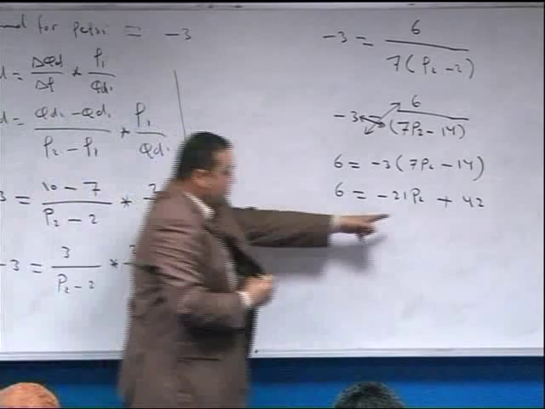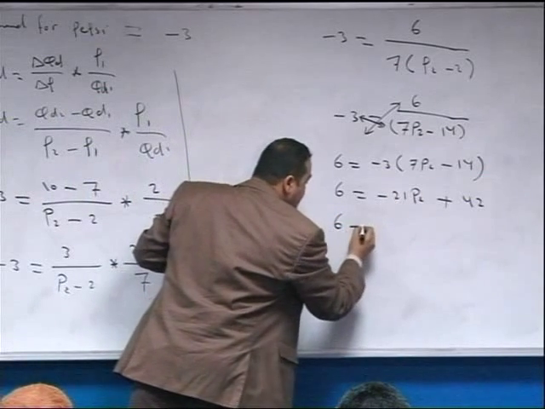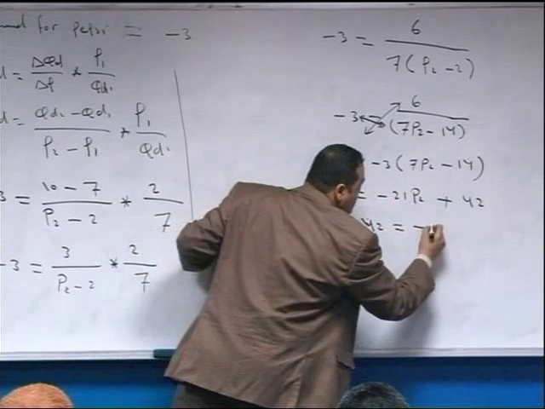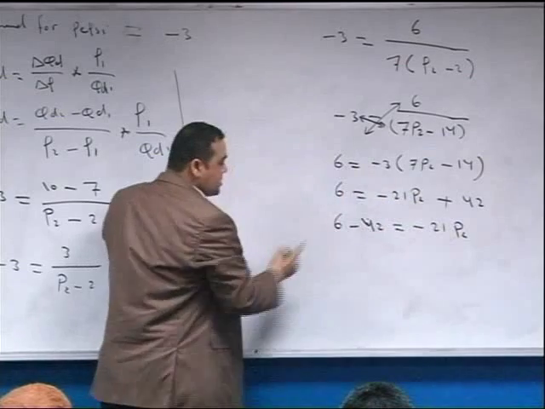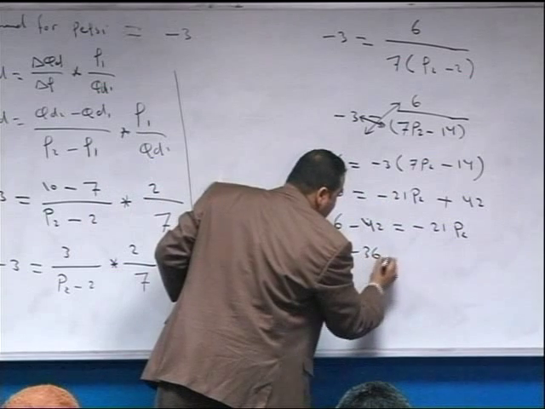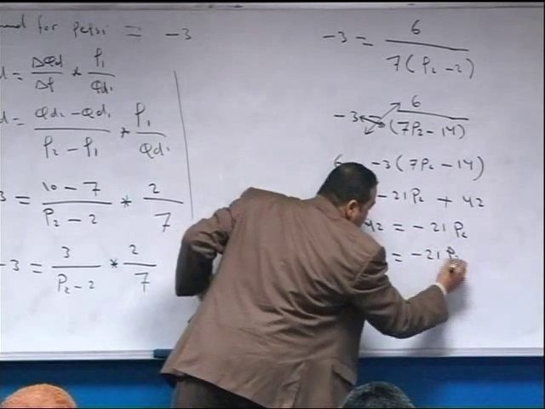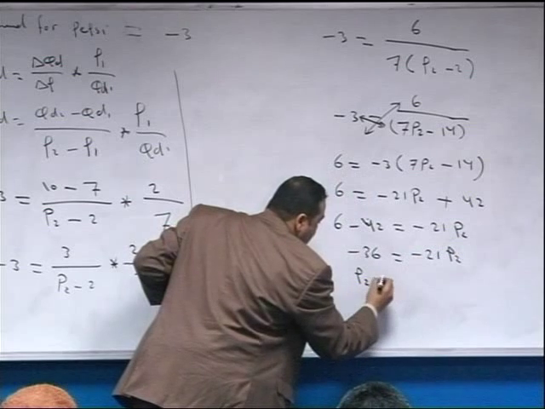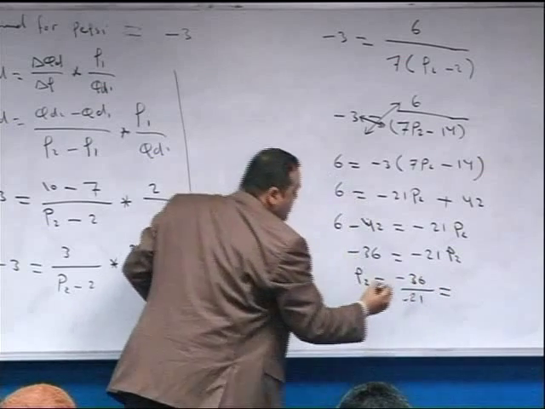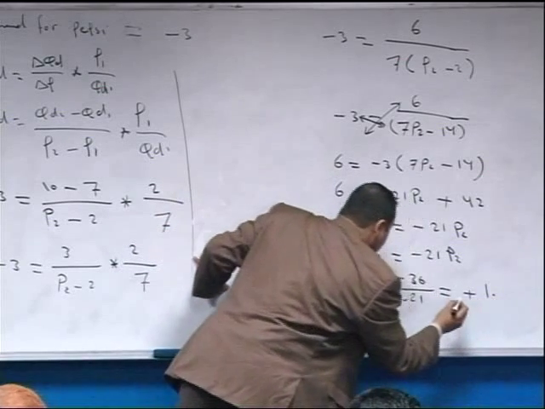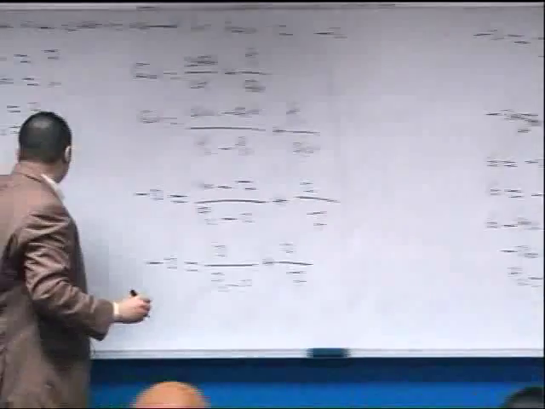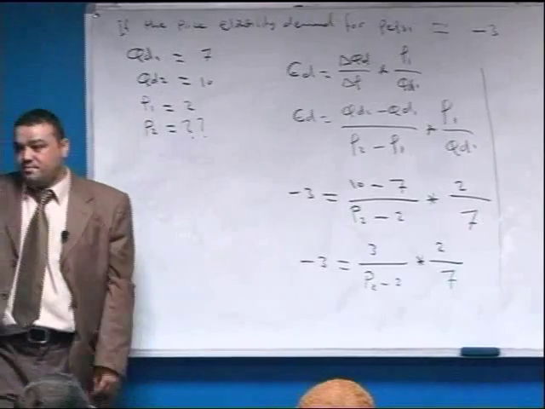So 6 minus 42 equals minus 21P2. What is the difference between them? Minus 36 equals minus 21P2. So P2 equals minus 36 over minus 21, which is 1.7. So the price 2 equals 1.7.